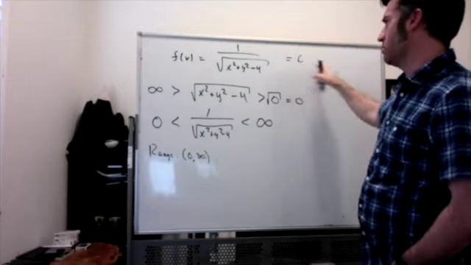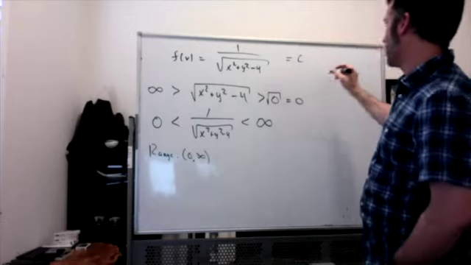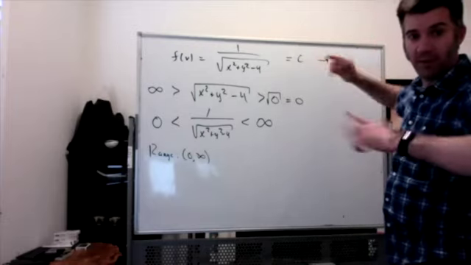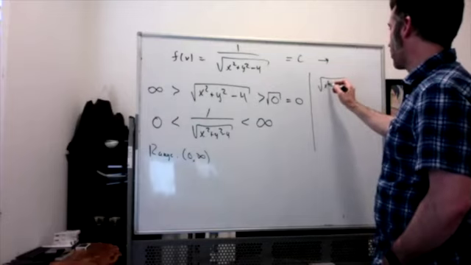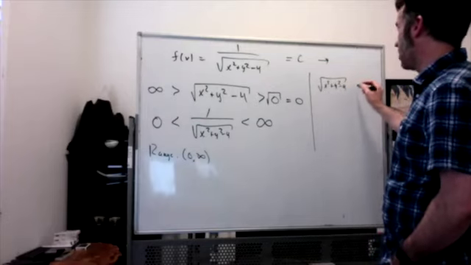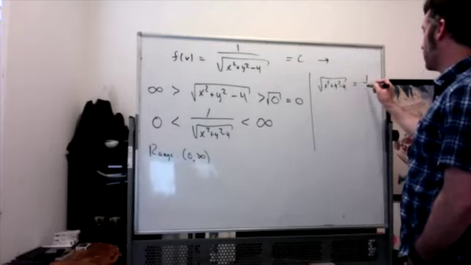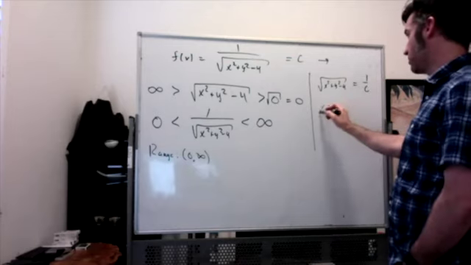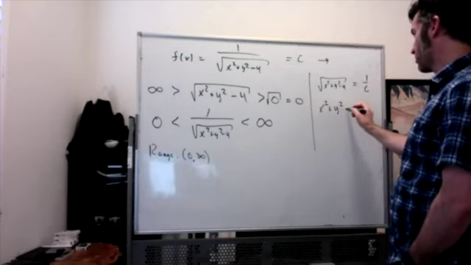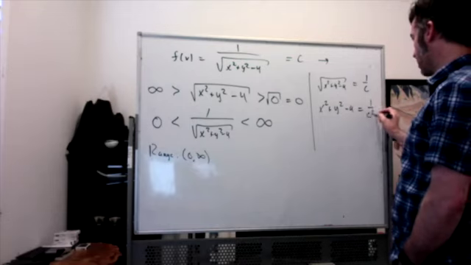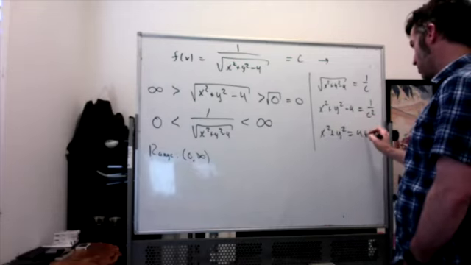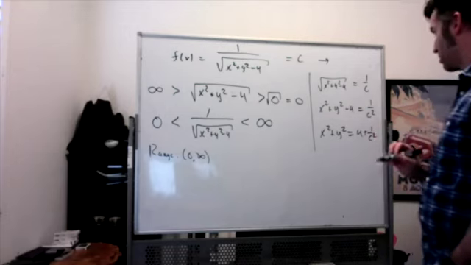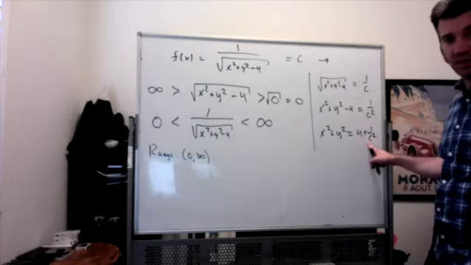I'm going to flip both sides, so the square root of x squared plus y squared minus 4 is equal to 1 over C. Square both sides, it equals 1 over C squared, and add 4 to both sides. So x squared plus y squared equals 4 plus 1 over C squared.